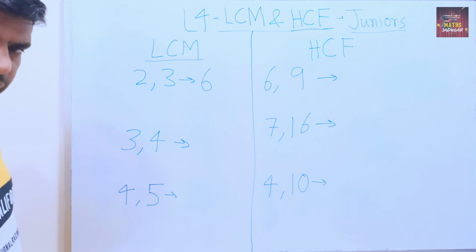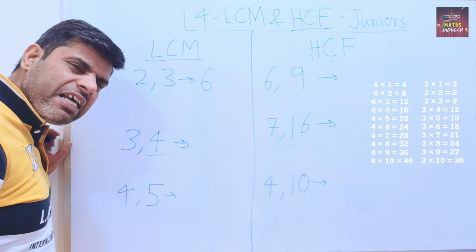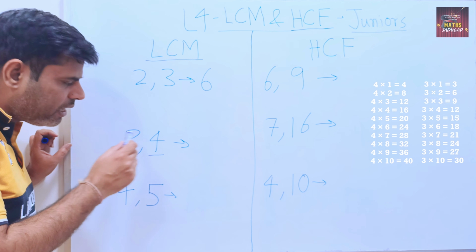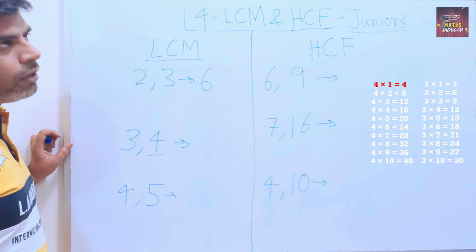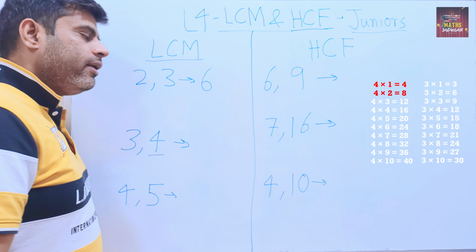Same way here, forget about 3. I don't want to know even the multiples of 3. I just want to look at 4, because that is the bigger number. What is the first multiple of 4? Of course 4 itself, but is 4 a multiple of 3? No, because the first multiple is 3, then 6, okay, 4 doesn't come in the table of 3. The next multiple is 8. Does 8 come in the table of 3? No, of course no. Then the next one is 12.